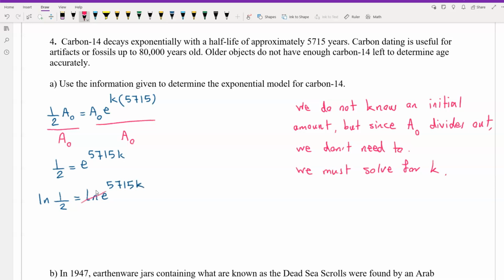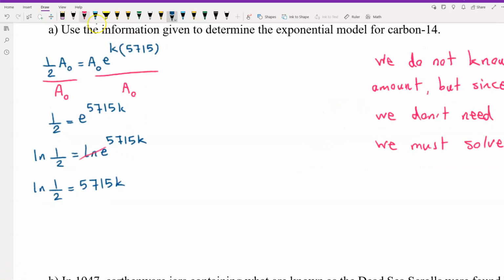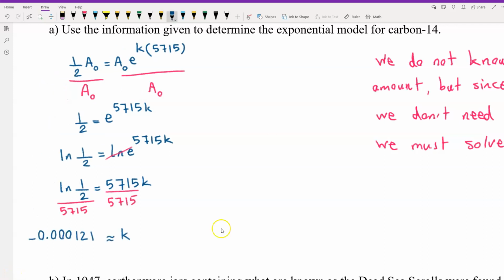So this part cancels. So we have natural log 1 over 2 equal to 5,715 times k. Now divide by 5,715 on both sides. Rounding to 6 decimal places, k is negative 0.000121.